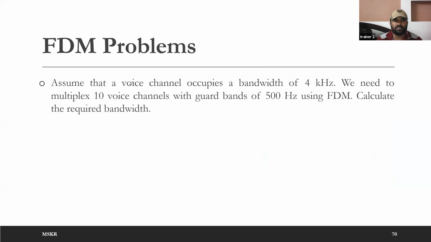So assume that there is a voice channel that occupies a bandwidth of 4 kilohertz. So one voice channel bandwidth is 4 kilohertz, and we need to multiplex 10 voice channels. So the number of voice channels is 10.